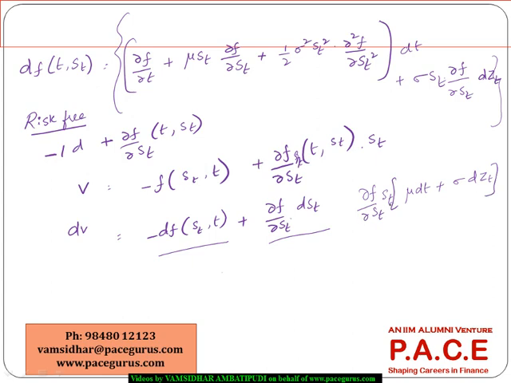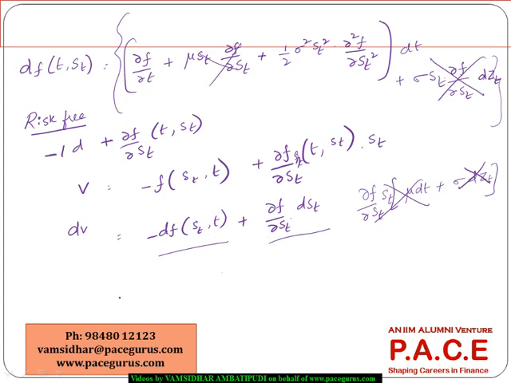So I am able to see that sigma st ∂f/∂st dzt, the negative of this and the positive of this are cancelled off, and the negative of mu st ∂f/∂st and plus mu st ∂f/∂st also cancel off.